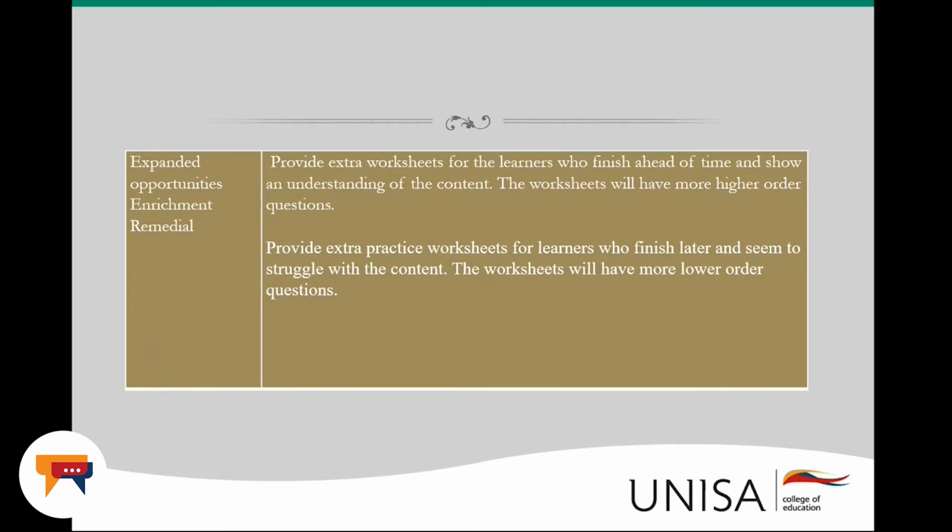To enrich the learners, you can provide those who finish ahead of time and show an understanding of the content with worksheets that have more higher order questions to complete. And for those who seem to struggle, you can provide them with worksheets with more lower order questions to complete, so that they get a better understanding of the lesson and all the learners are catered for.